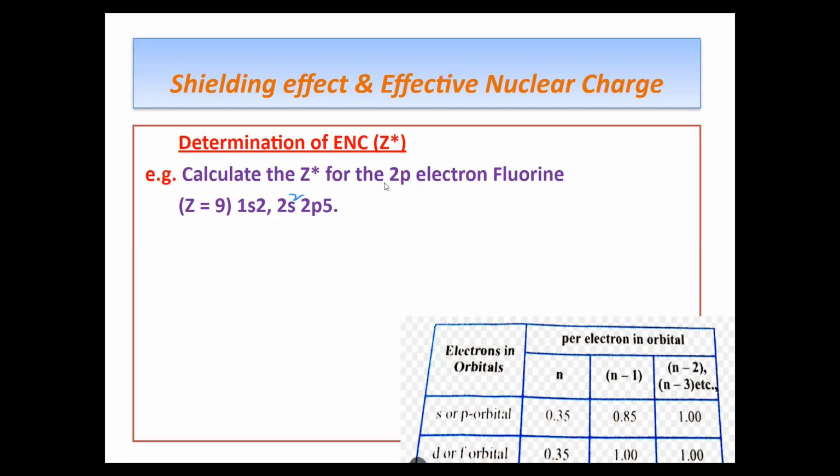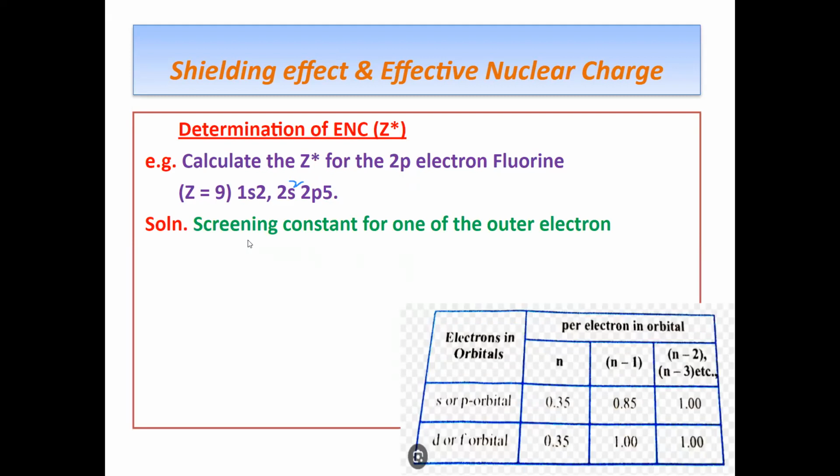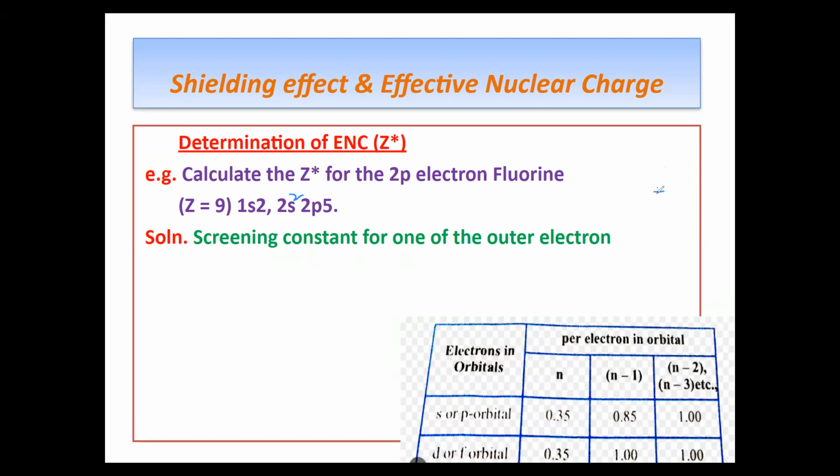The main formula for effective nuclear charge: first you need to calculate the screening constant, for the outermost shell electron. I will draw the diagram. This is the nucleus. This is the first orbit, this is the second orbit. How many electrons in the first orbit? 2.